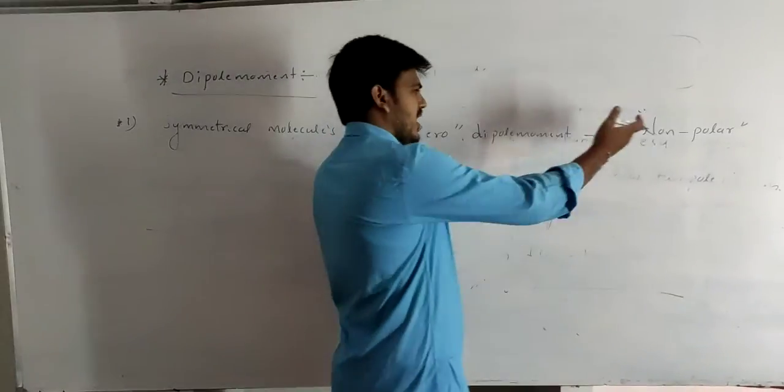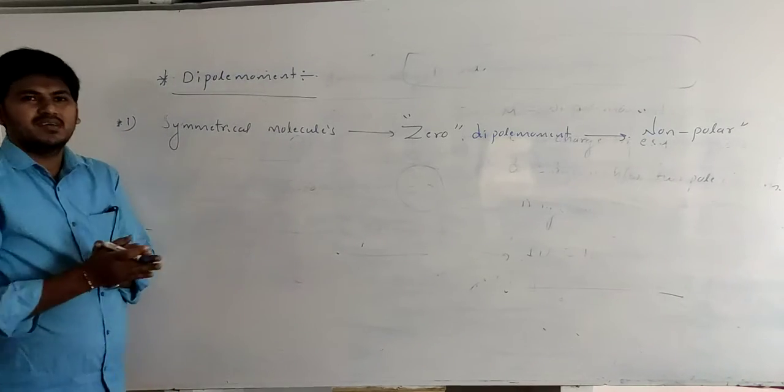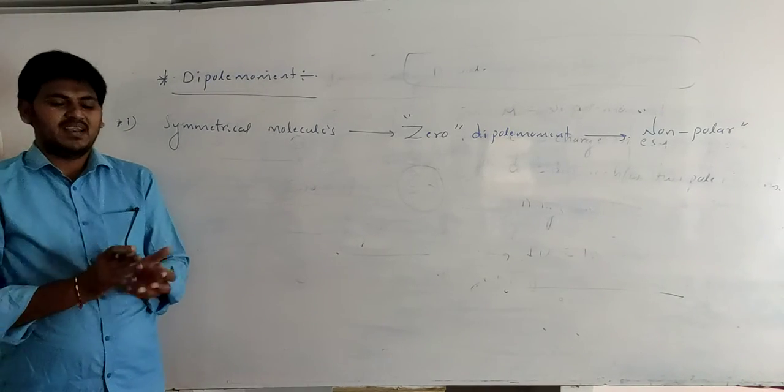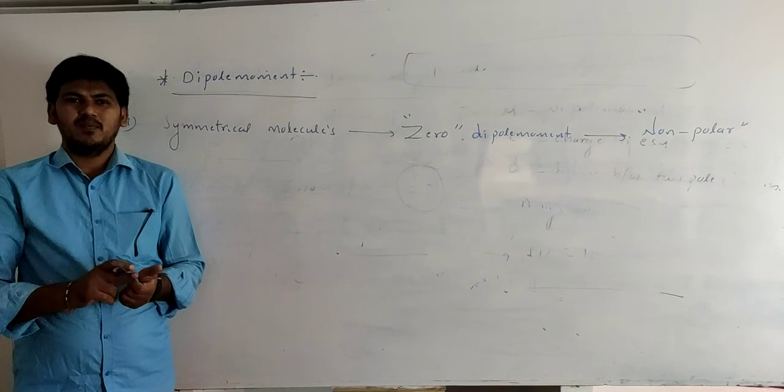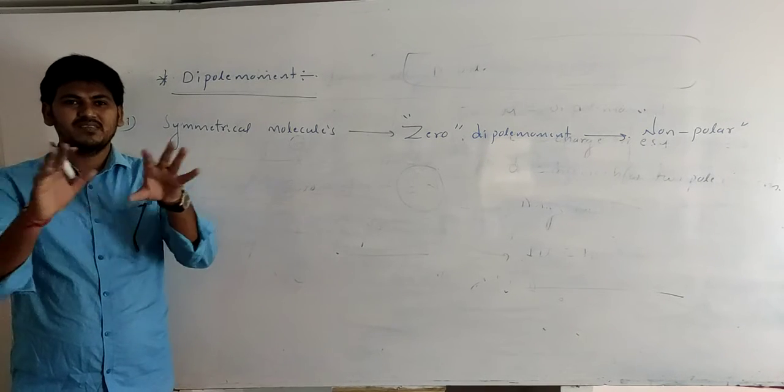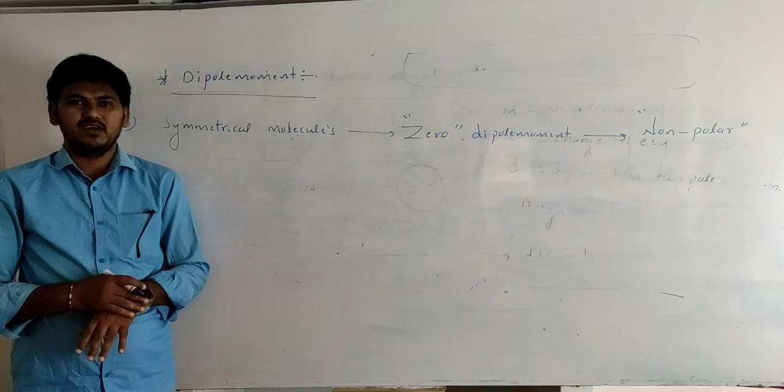So they are non-polar molecules. So what is meant by symmetrical molecules? Symmetrical structure means linear, trigonal planar, tetrahedral, trigonal bipyramidal, etc. So these are symmetrical structures without distortion.